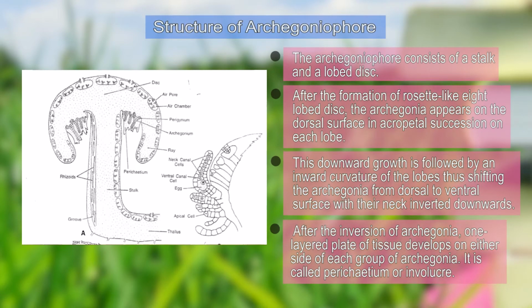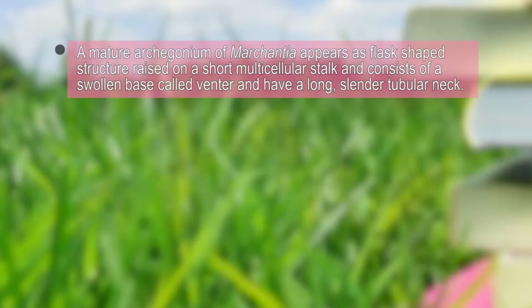After the inversion of archegonia, a one-layered plate of tissue develops from each side of the archegonia, and this is known as pericytium or involucre. A mature archegonium of Marchantia appears as a flower-shaped structure raised on a short multicellular stalk and consists of a swollen base called the venter and a long slender tubular neck.